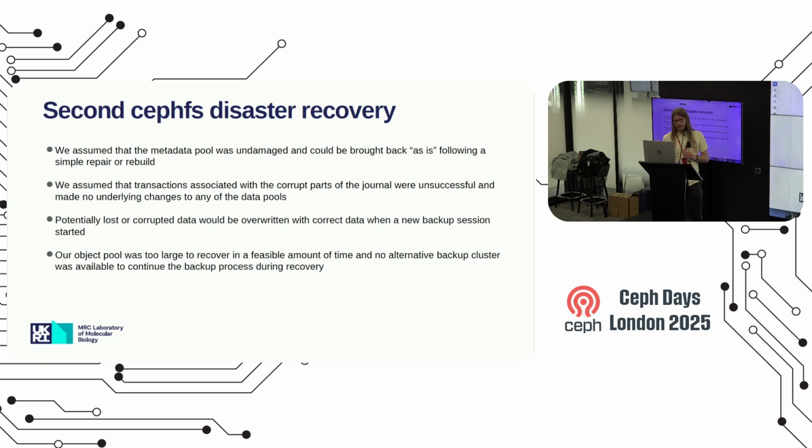Also, we thought that even if there were a couple of objects which were corrupted, that's not necessarily going to be a big deal because we're going to be running a backup that evening. So if there are a few corrupted objects, they'll probably just get overwritten that evening. So the risk of there being damaged backups, that only being a small subset of all of our backups, was considered to be a lower risk than not having any backups really available for the next month.